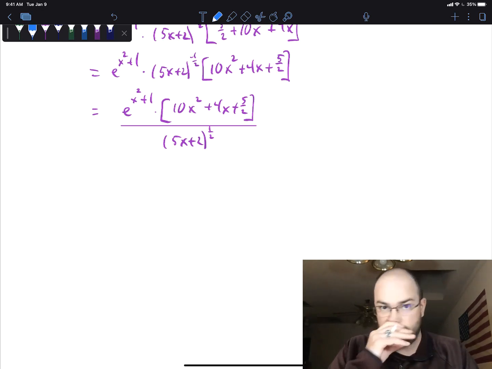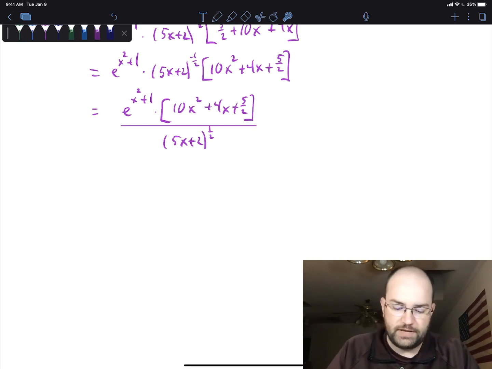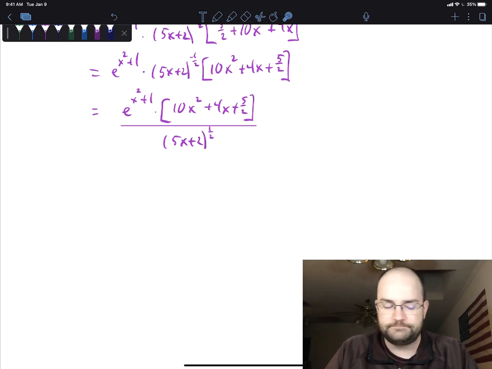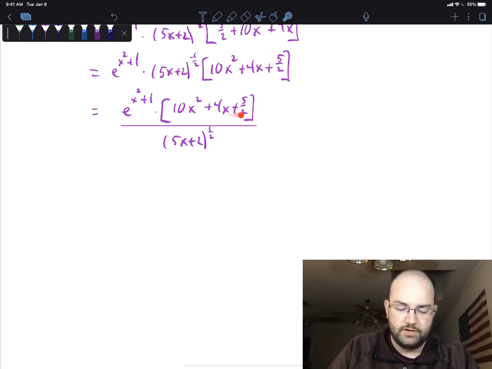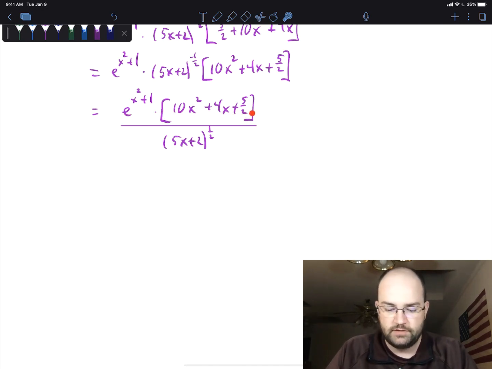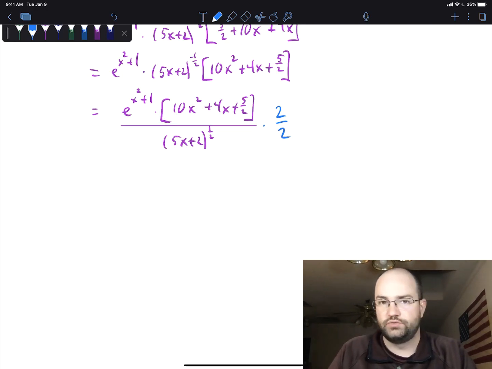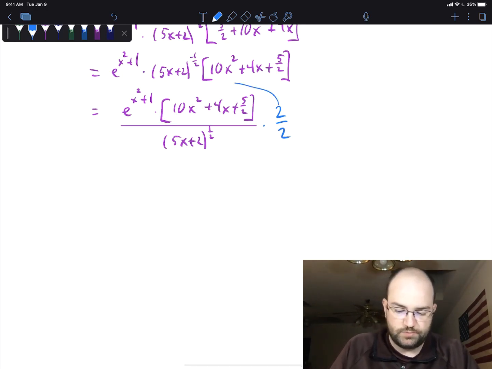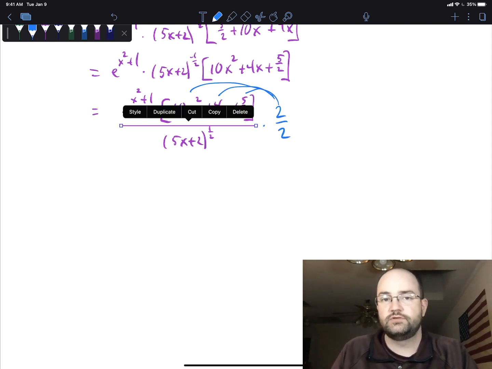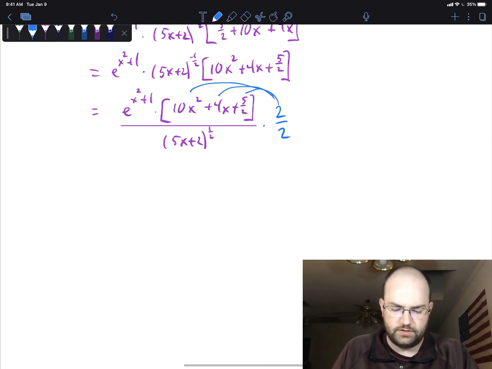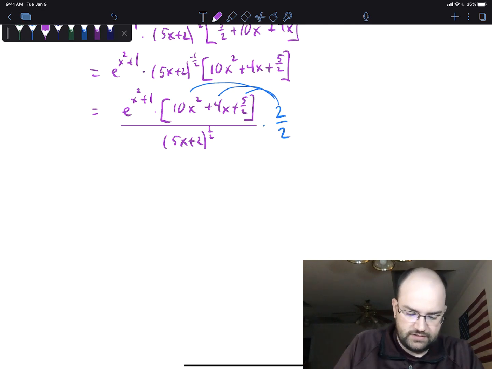Well, okay, technically I'm done, but I don't like having a 5 halves like that. And so what I see is that there's a common denominator of just 2 right there. So I'm going to multiply both the numerator and denominator by 2. And then I'm going to distribute this 2. You can only distribute the 2 once, and I'm going to distribute into the fraction there. And so that's going to give me the following.